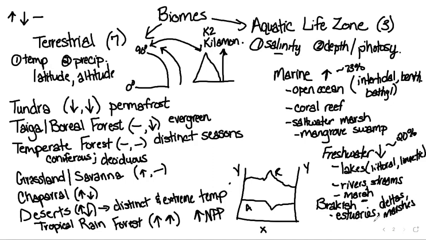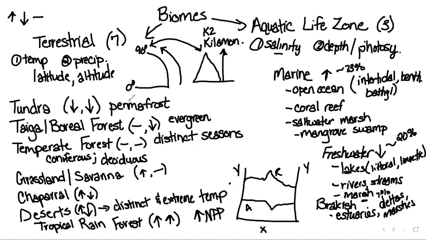The marsh is really dependent upon the salinity. Usually the best example of a brackish biome is an estuary. We tend to use that one a lot. Roughly the remaining 7% of aquatic life zones are brackish. You don't have to remember these numbers. It just lets you see volume-wise where these are, how much of the planet they take up.